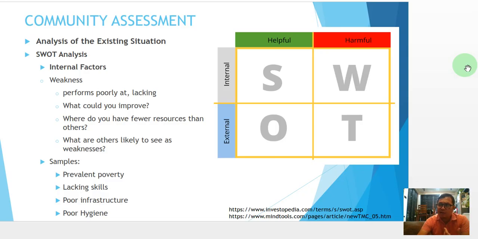Then what are the others likely to see as their weaknesses? An example is the prevalent poverty, lacking skills, poor infrastructure, and poor hygiene. I think this is a common problem in most of the communities in developing countries such as the Philippines.